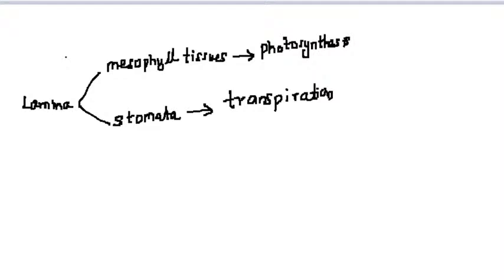What is transpiration? Loss of water from the aerial parts of the plant is called transpiration. So these are the two important functions of the lamina, the flat green portion of the leaf.